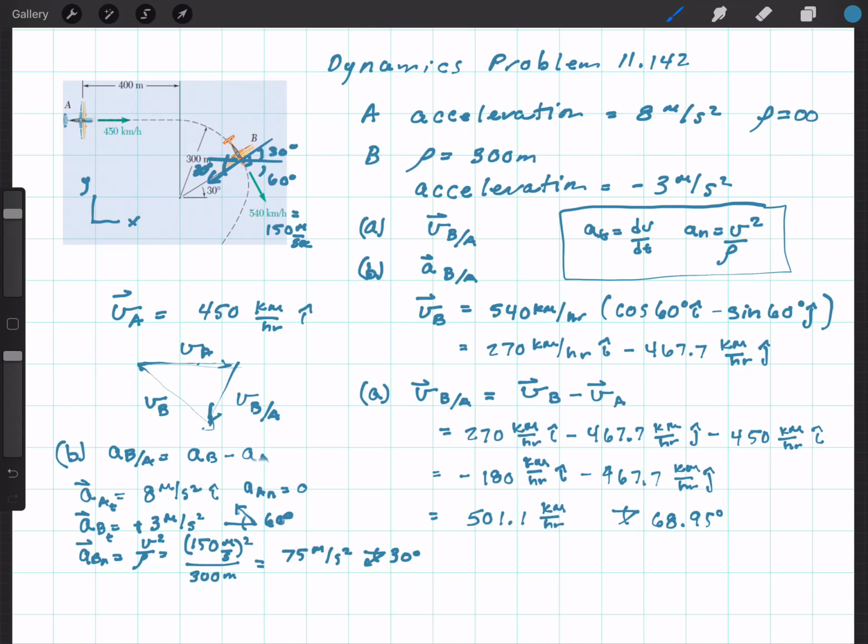So we can add these again, the acceleration of B minus the acceleration of A. So the acceleration of B with respect to A would equal 3 meters per second squared times negative cosine of 60 degrees in the i direction plus sine of 60 degrees in the j direction.